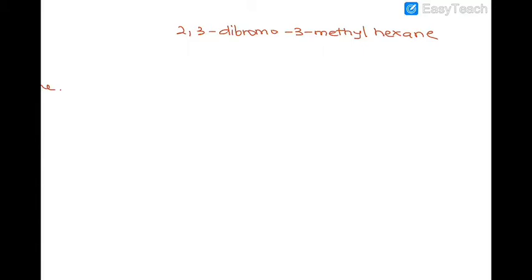Now let's say you have this compound that you need to draw. 2,3-dibromo, so there's going to be 2 bromine. 3-methyl, so there's going to be 1 methyl side chain on a hexane chain. So the main chain is hexane, so 6 carbons. I'm going to number the carbons, and then I'm going to start putting the side chains. So 2,3-dibromo.